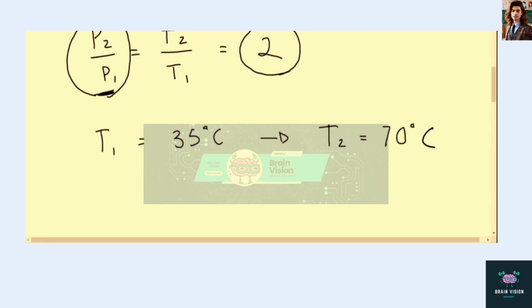So remember, to get Kelvin, we're going to add 273.15 to our Celsius number here. So these in Kelvin would be 308.15 Kelvin. And over here we'd have 343.15 Kelvin.